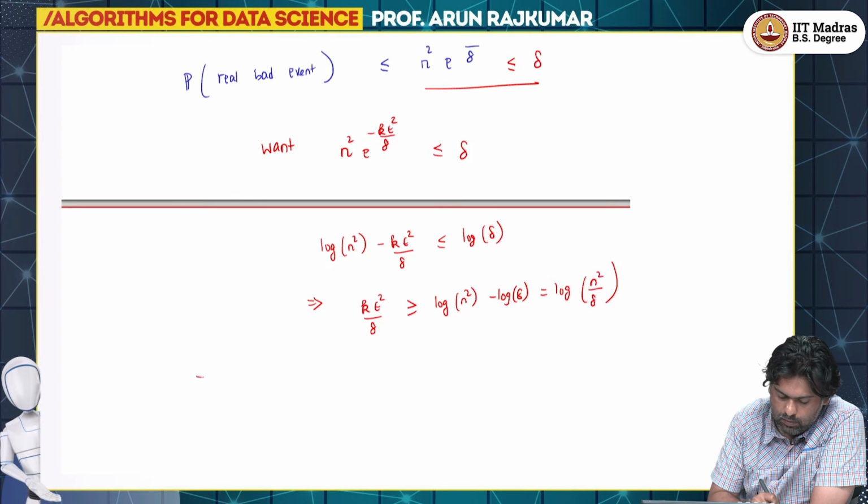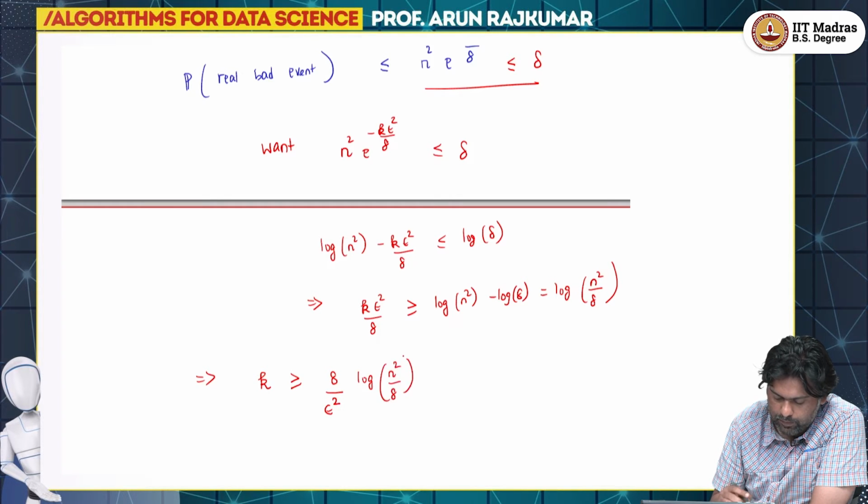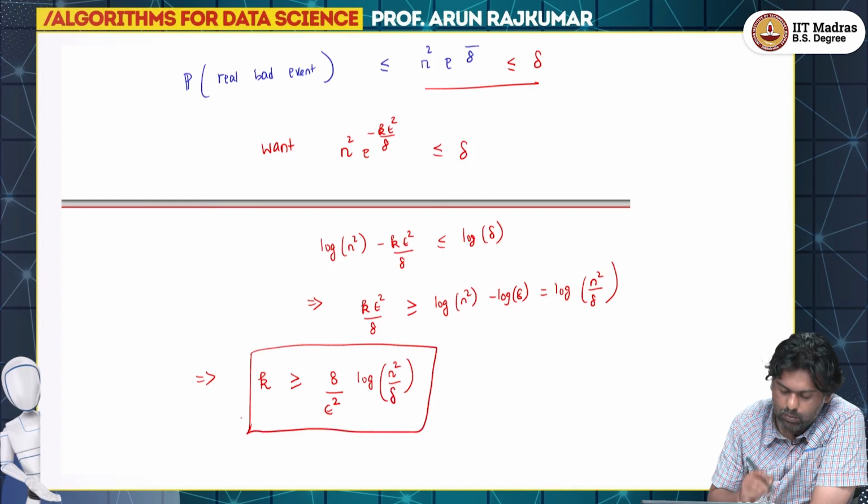So, which means then we have the final statement that if k is greater than 8 by epsilon squared log n squared by delta, right. So, this is the final statement that we have, right.